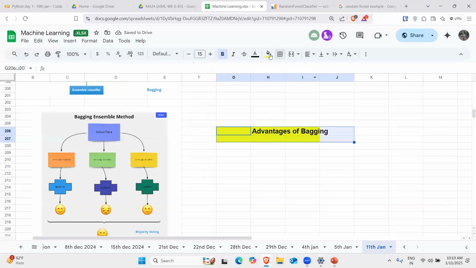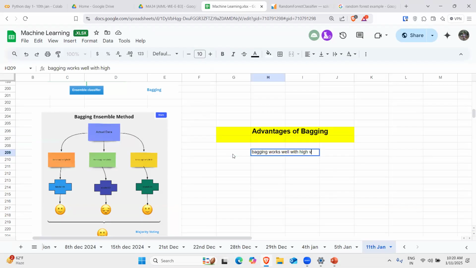Perfect. Let's do that. Let's see. So bagging works well with high variance algorithms, and it is easy to parallelize.